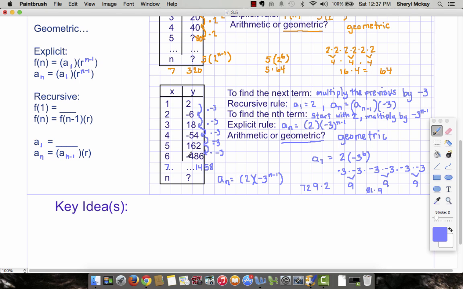We could check this out recursively as well, and since this is the very next term, we should be able to multiply -486 by -3, and we should get a positive 1,458. 3 times 6 is 18. 3 times 8 is 24, plus 1 is 25. Carry the 2. 3 times 4 is 12, plus 2 is 14. So, yep, it works.